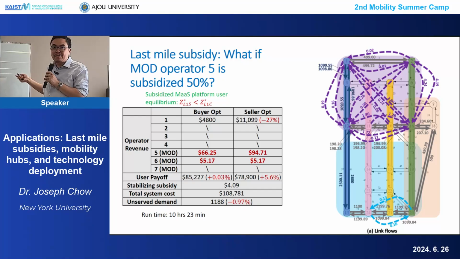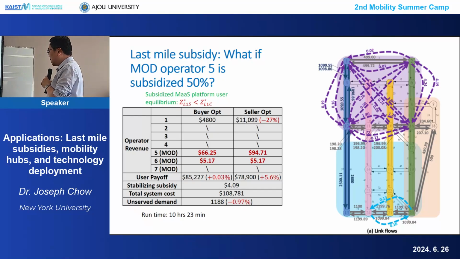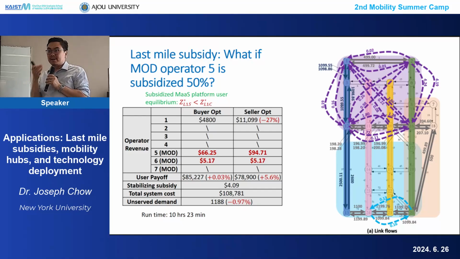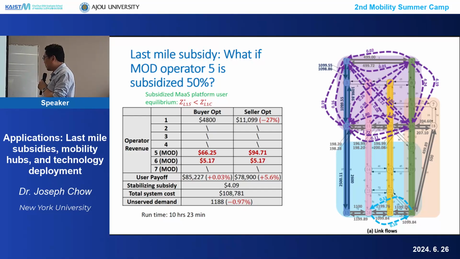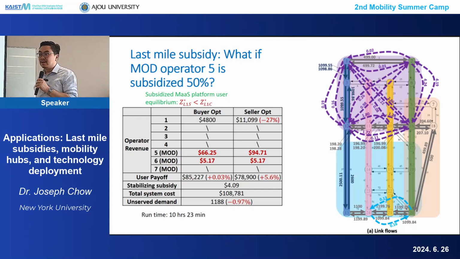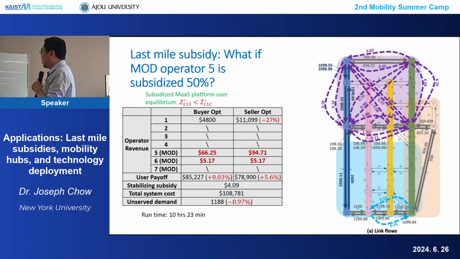The obvious one is this one, because they have reduced operating costs. But the surprising one is that operator 6 also joins the market because now, through the flows, they see an incentive to operate their service as well. Right? So we can see these kinds of synergies occurring.